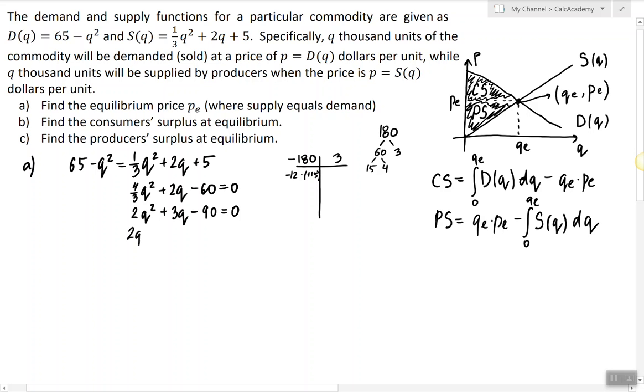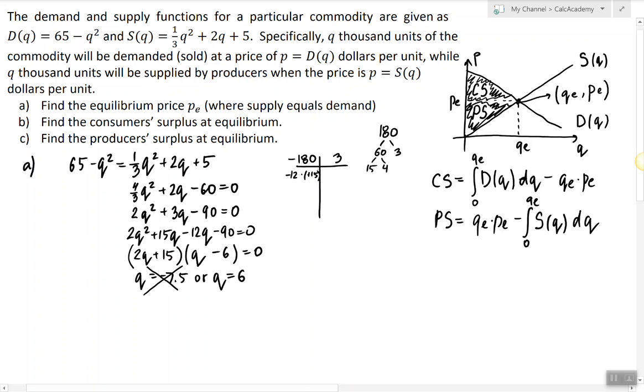So we have 2Q squared plus 15Q minus 12Q minus 90 equals 0. And we have 2Q plus 15 times Q, and I'm going to factor out 6 here, Q minus 6. So there are two solutions, Q equals negative 15/2 or Q equals 6. Q equals negative 15/2 is not in the domain, so we're going to discard that solution.